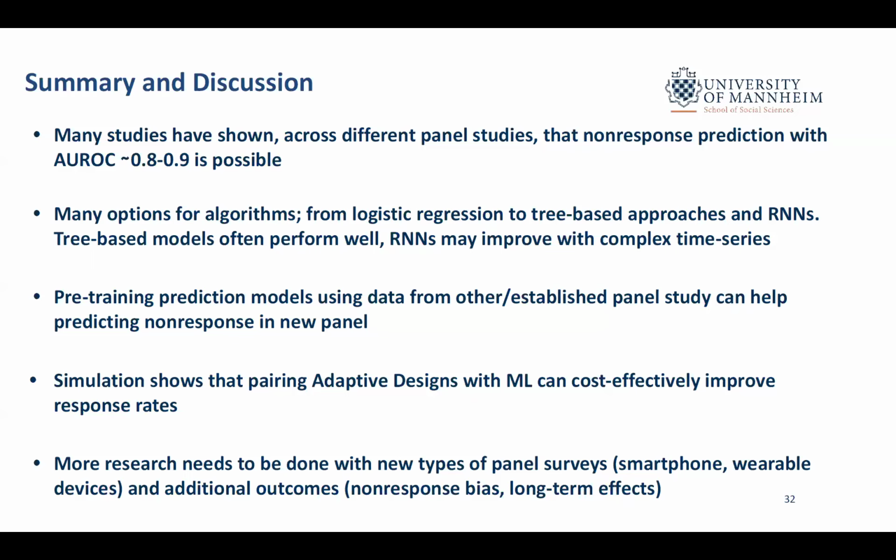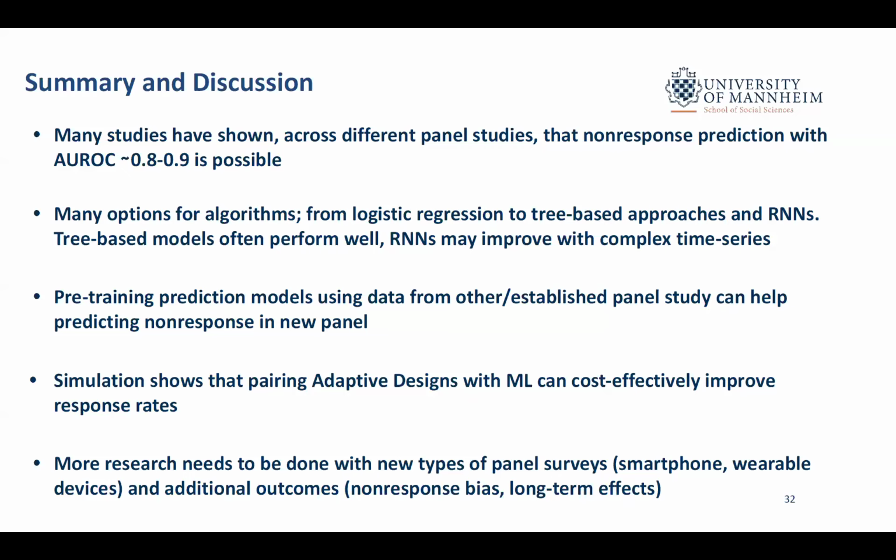RDNs. We presented this idea of pre-training prediction models, which I think is quite interesting, and specifically interesting for predicting non-response in newly established panel surveys, making use of data from other panels.